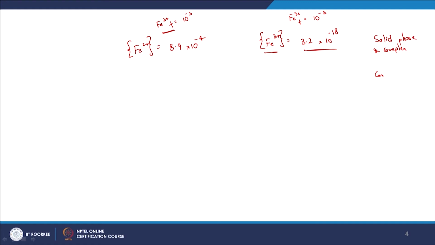When we considered only the complex phase, the activity of Fe3+ was something around 10^-11, right. So now you see when we consider the solid phase and the complexes, the concentration of the free metal Fe3+ is much lower, right.